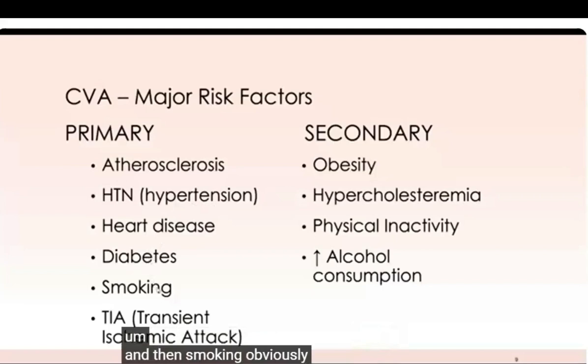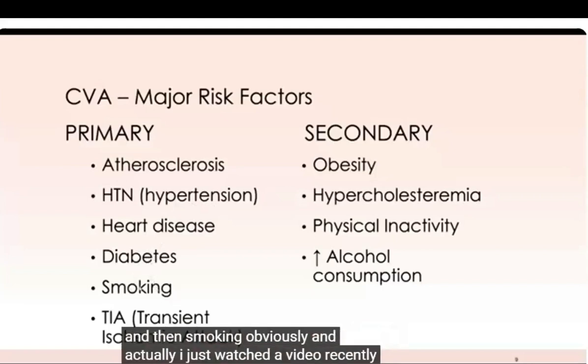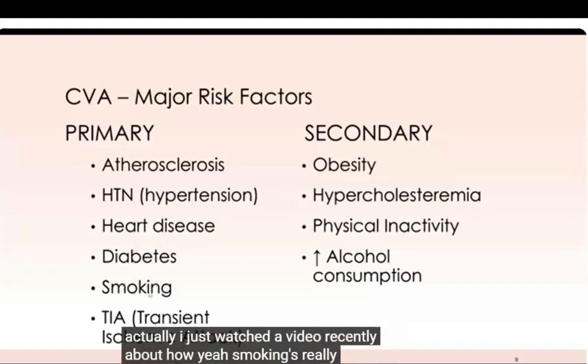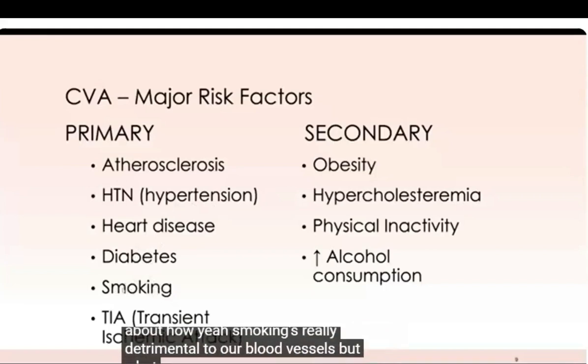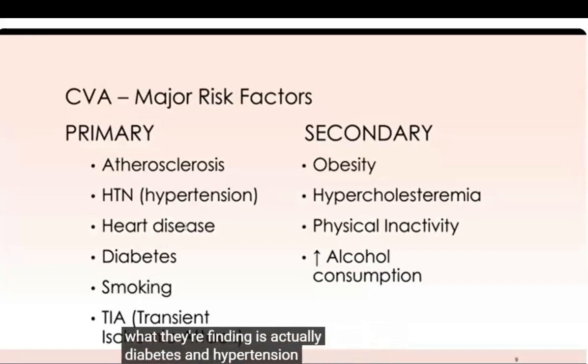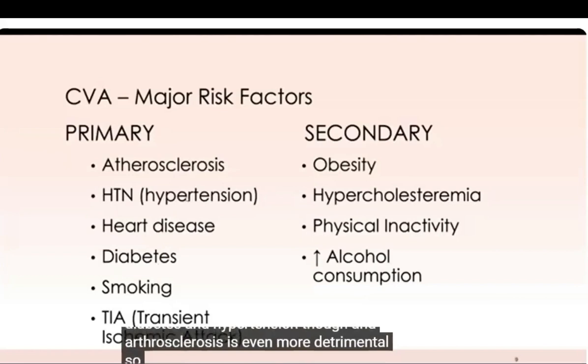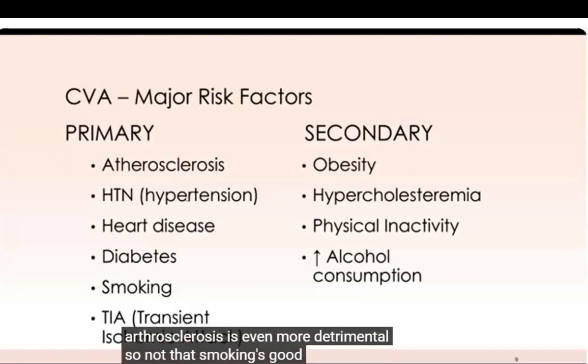And then smoking, obviously. And actually, I watched a video recently about how smoking is really detrimental to our blood vessels, but what they're finding is actually diabetes and hypertension, and atherosclerosis is even more detrimental. Not that smoking's good, but diabetes and hypertension, just having that is actually exponentially more dangerous.